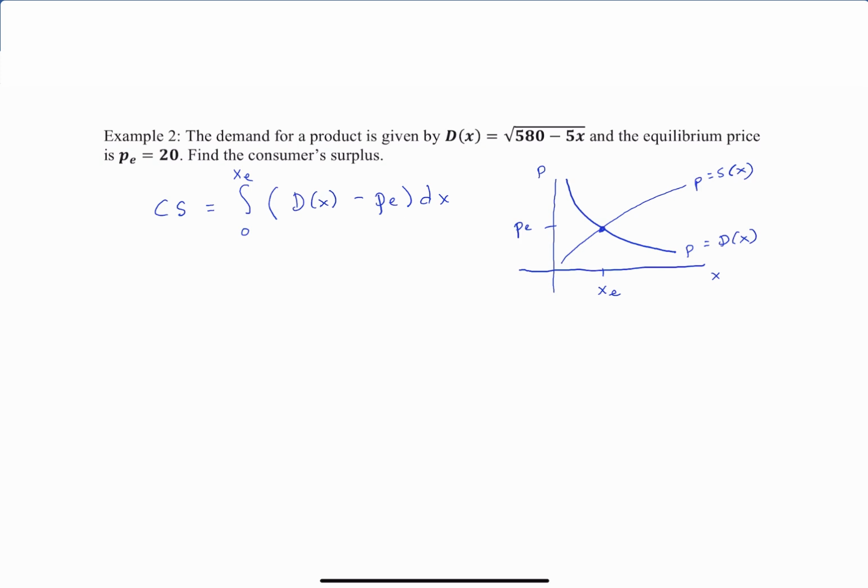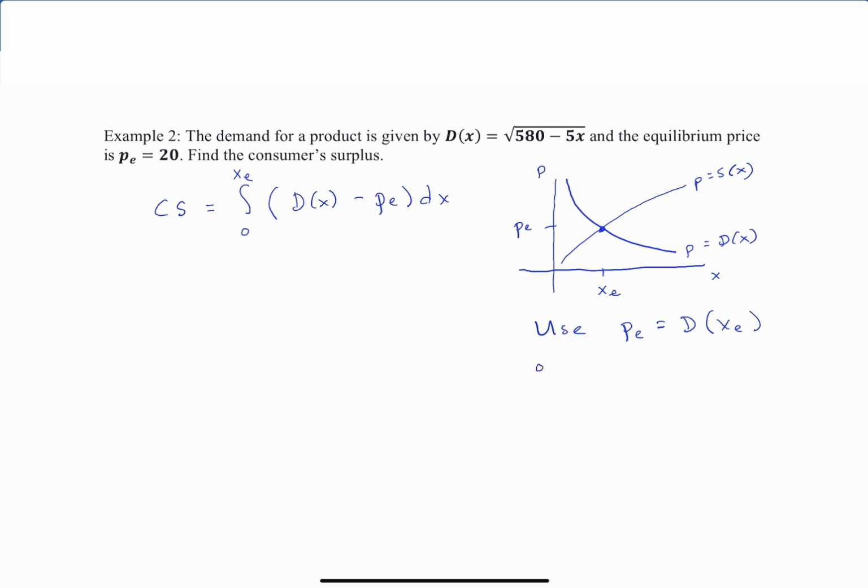As long as we have one of those curves' equations, and we have either x sub E or p sub E, we can find the other one by just plugging in. So if you need to find one or the other of those equilibrium values, you just use that: the equilibrium price will be the price on the demand curve at the equilibrium quantity.